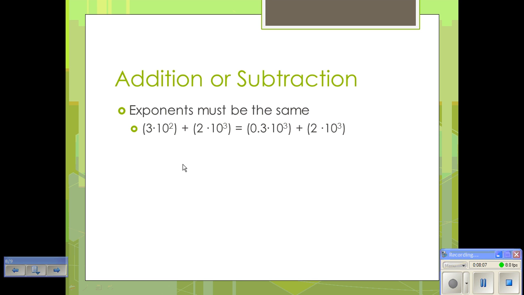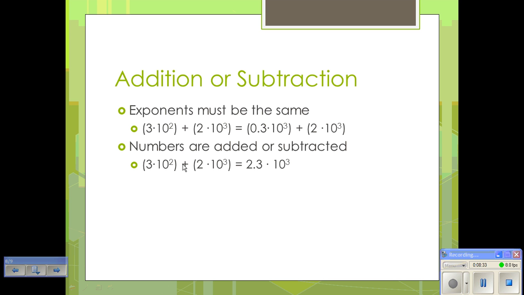And so I have 0.3 times 10 to the third. No, this is not in standard form right now, but to add or subtract, you have to have those exponents equal to each other. Then we can worry about getting it back into standard form. So you add or subtract your numbers. In this case, we're going to add 0.3 to 2, and then we add the times 10 to the third.